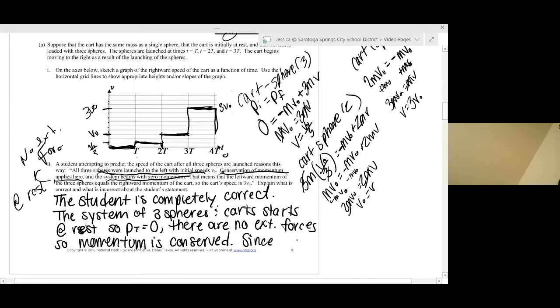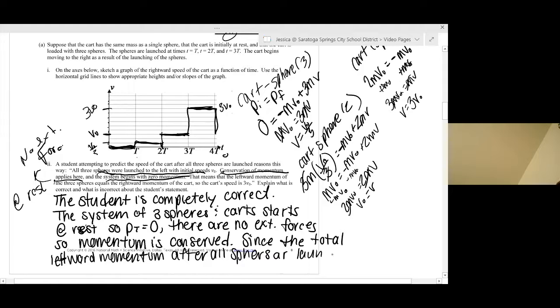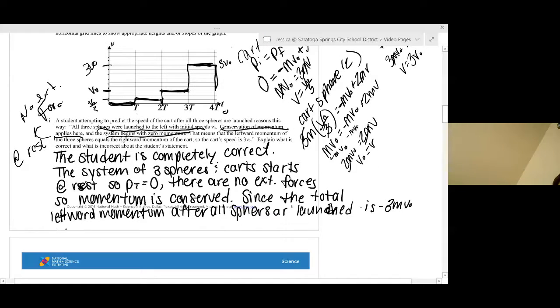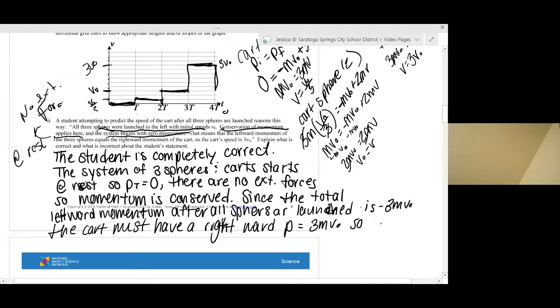Since the total leftward, that's not how you spell left, momentum after all spheres are launched, I'm having trouble spelling, is negative 3 mv0, the cart must have a rightward momentum equal to 3 mv0, so P total equals 0.